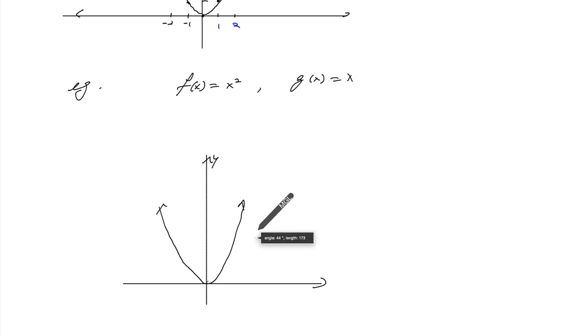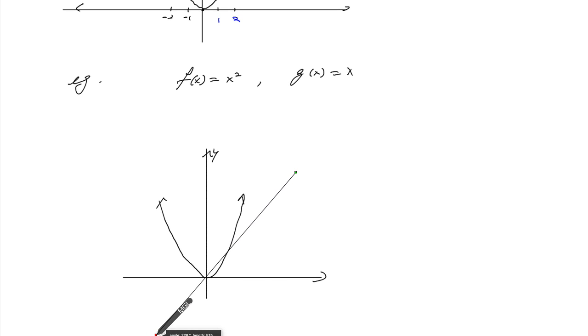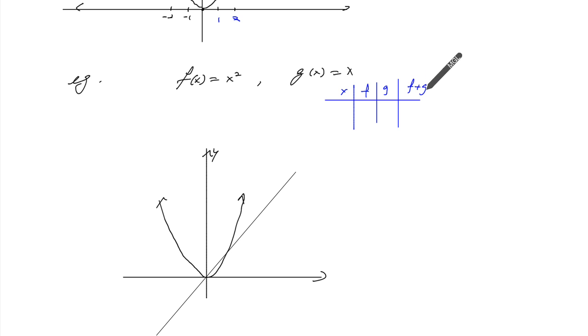So what would this do? Again, we're adding the y values. At this point, both y values are 0, when x is equal to 0. So here, let's do this: x, f, g, f plus g.